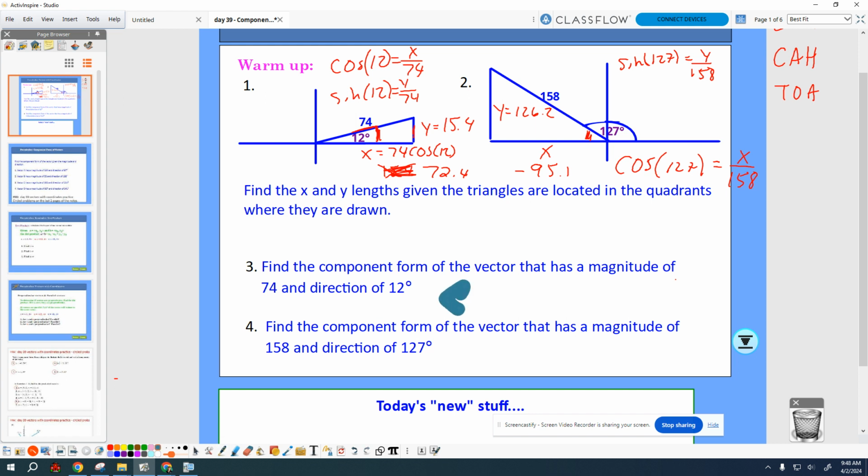Is magnitude always the hypotenuse on a right triangle? What if it was negative? Is magnitude always the hypotenuse of a vector or a right triangle? Yes. The magnitude of the vector, its length, was 74. The direction of this vector is 12 degrees.